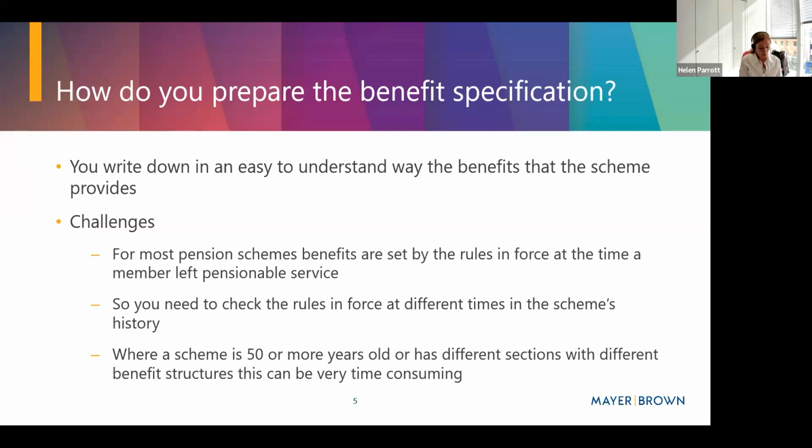And the point here is that, broadly, the position is that the rules that apply to members are the rules that were in force as at the date a member left service. So you need to check the rules in force at different times in a scheme's history. This can be quite complex. For example, where the scheme is 50 or more years old or has different sections with different benefit structures, it's not only complex, but also very time consuming.